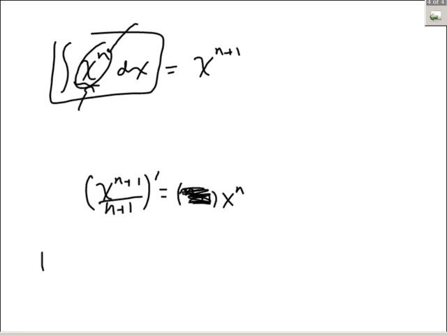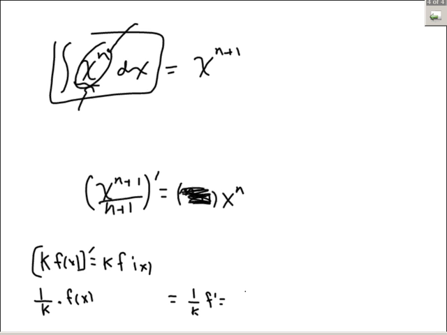And remember, if you have a constant times a function, when you take the derivative, the constant doesn't really come into play. Now, remember, 1 over k is a constant, and when I multiply it by f of x, the derivative should be 1 over k f prime. But that's f prime of x over k. This is f of x.